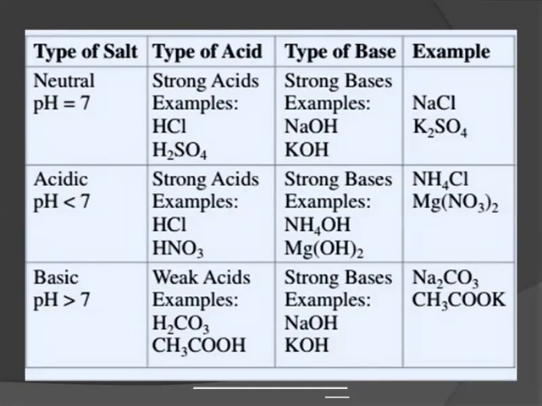The salt can be acidic, which will have pH less than 7. It will be formed by a strong acid and a weak base.